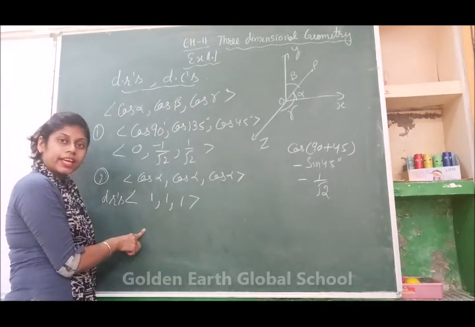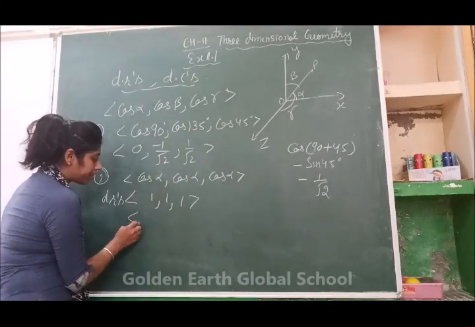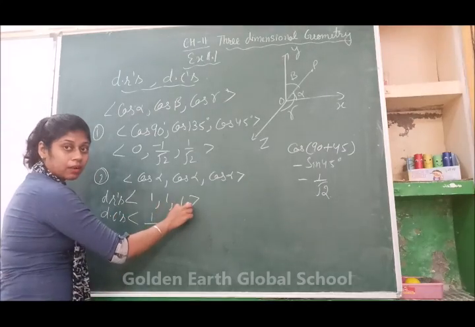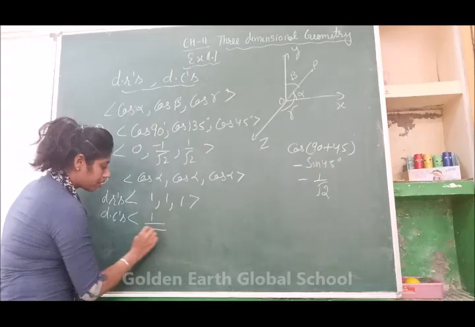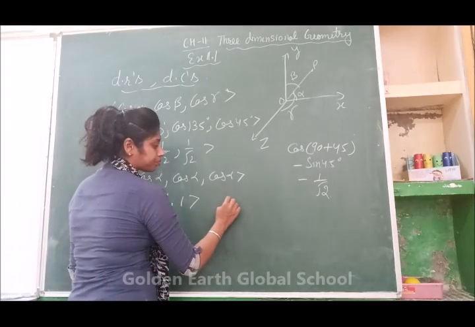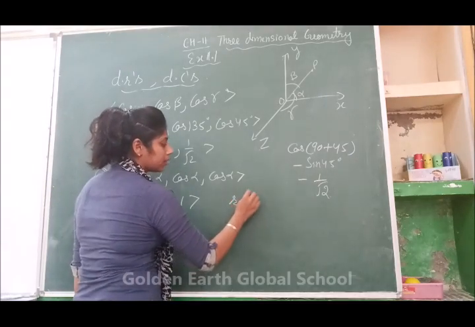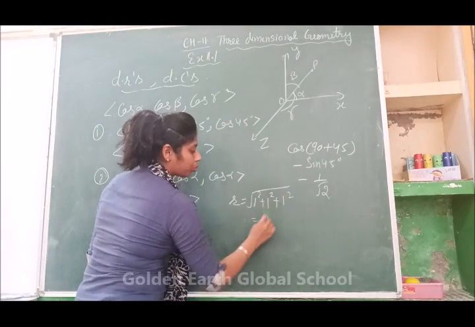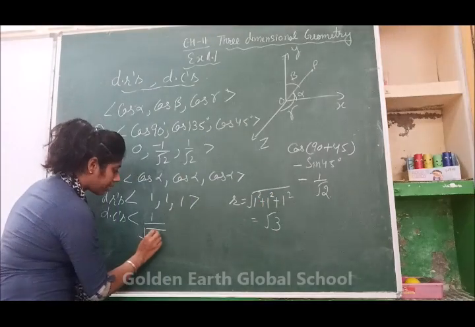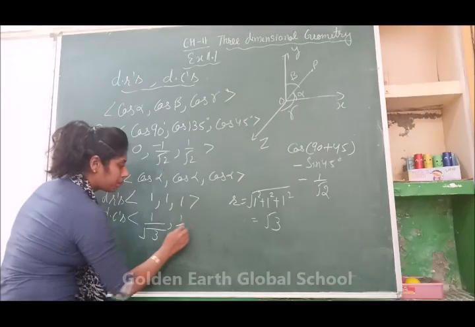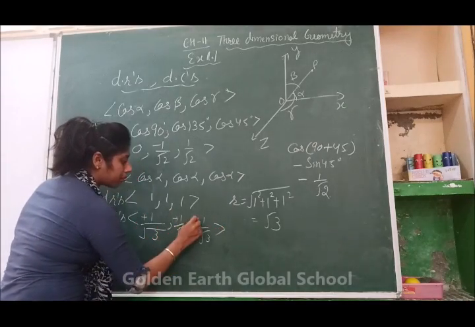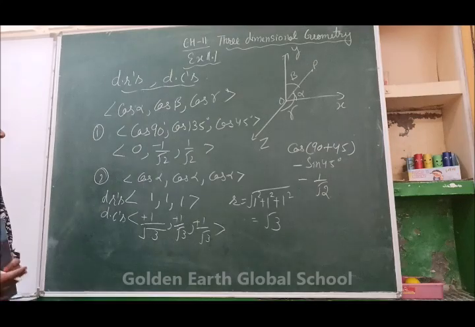But we have to find direction cosines. How will we find them? Divide each term by its magnitude. The magnitude r is 1 square plus 1 square plus 1 square, which is root 3. So 1 by root 3, 1 by root 3, 1 by root 3, either plus or minus. Clear?